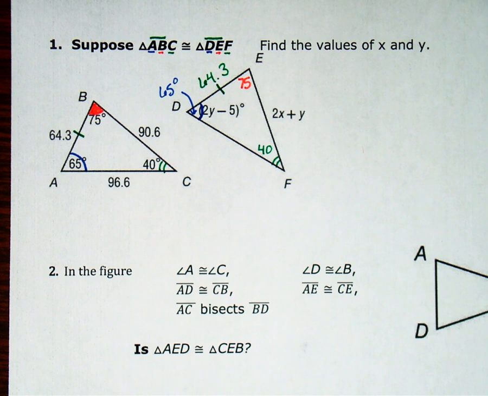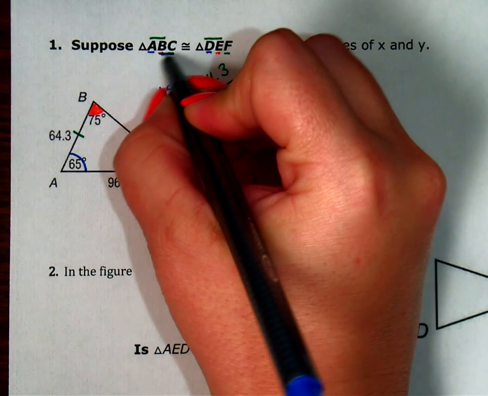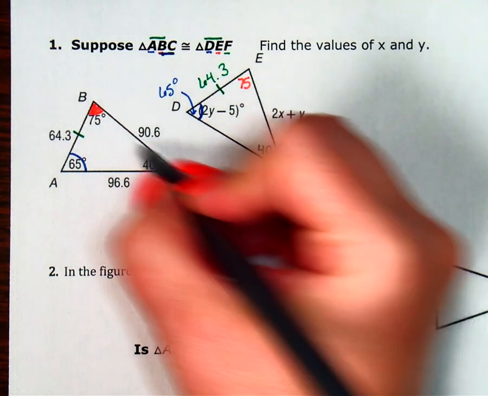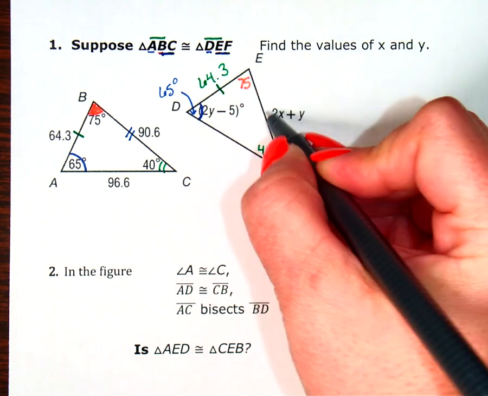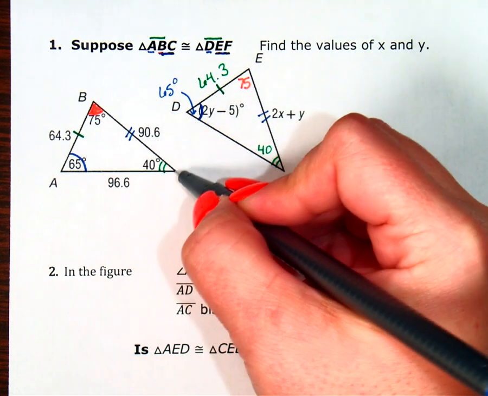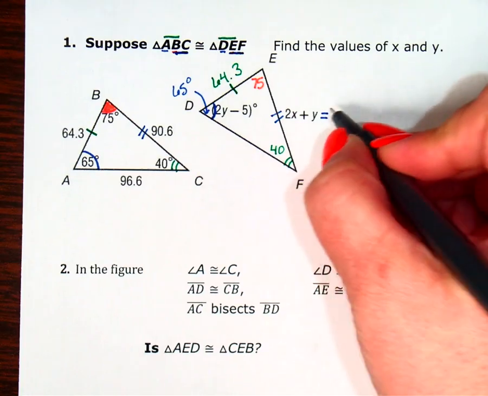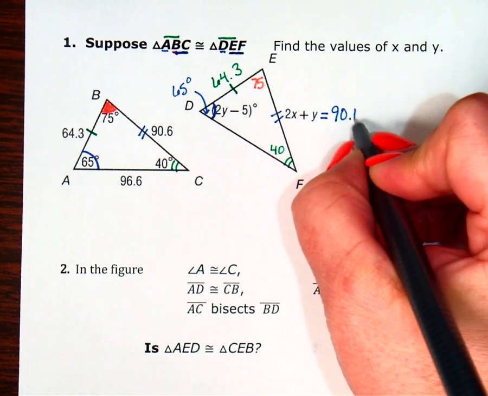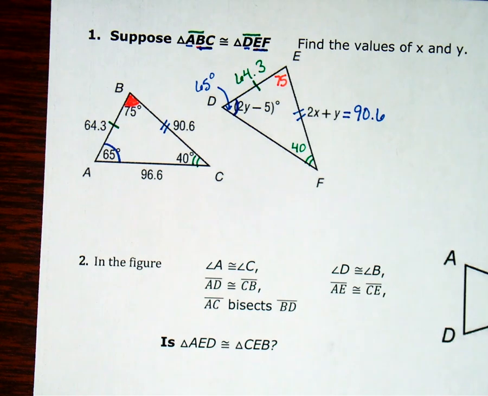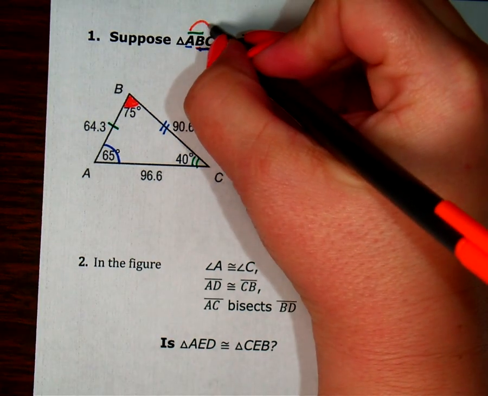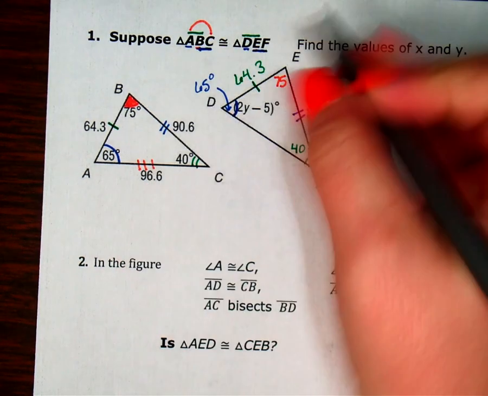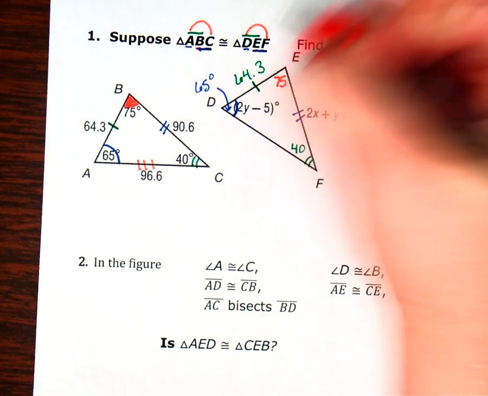So then, if I look at the last two letters in each one, BC is going to match with my last two letters over here, EF. So if BC is 90.6, that means this one is also 90.6. Okay. And then last but not least, that means my remaining sides have to be congruent. My outside letters AC will match with my outside letters DF.